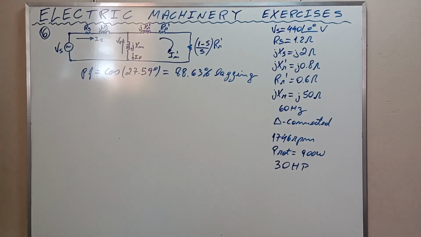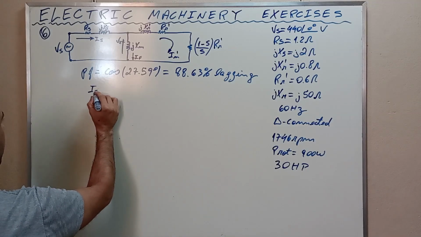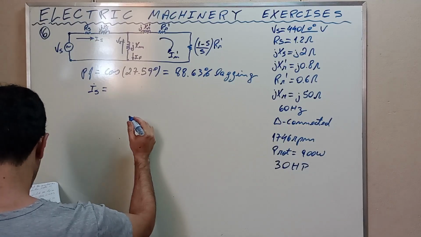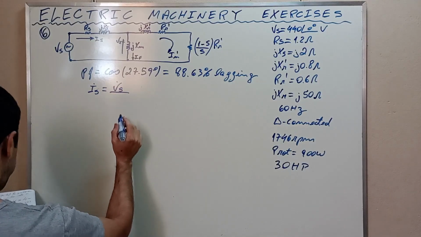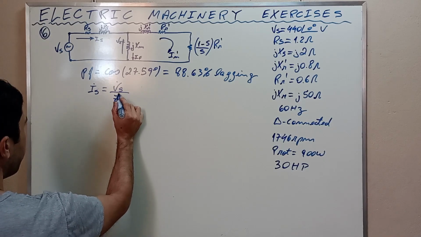And the phase current is simply the division between the phase voltage and the impedance seen by the source.